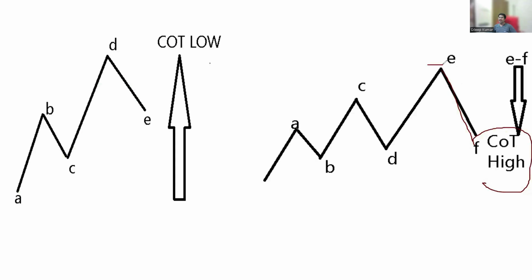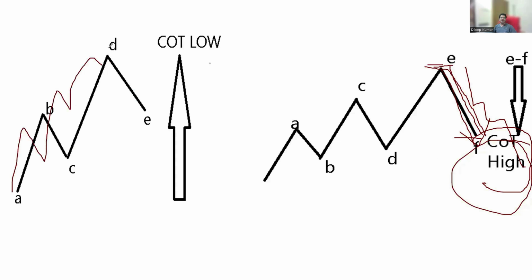When the prices make a high and come down, they are generally pushed by sellers, but not necessarily. Generally, when the prices are making lower lows, it is assumed that the COT high has to be negative.